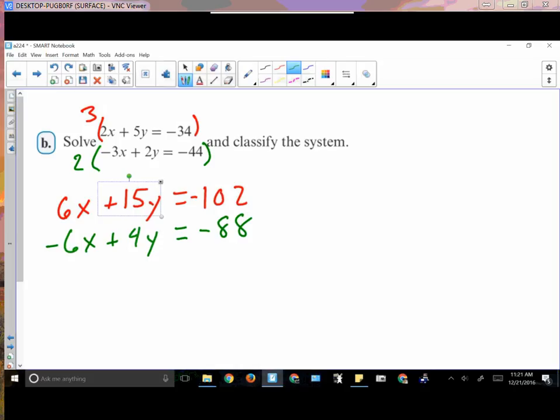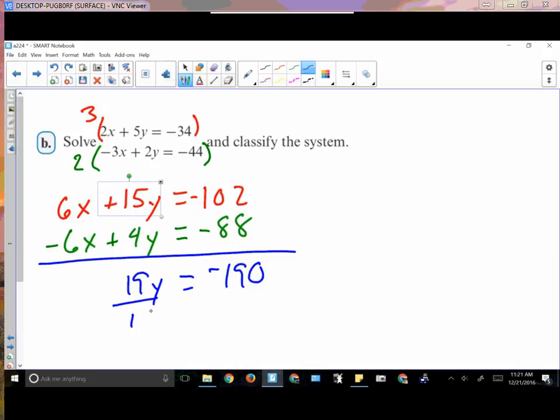So my question is, did I get a variable with the same coefficient with opposite signs? And the answer is yes. So now I can go through, combine these things together. That disappears. This gives me 19y. This gives me negative 190.